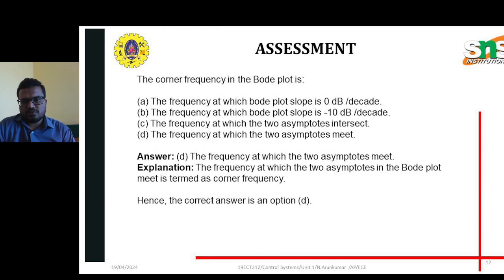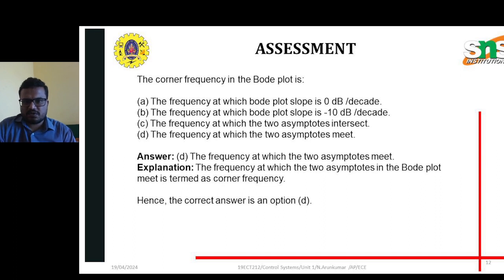The corner frequency in the Bode plot is defined by which factor? The options are: the frequency at which the Bode plot slope is 0, the frequency at which the Bode plot slope is -10, the frequency at which the two asymptotes intersect, or the frequency at which the two asymptotes meet.